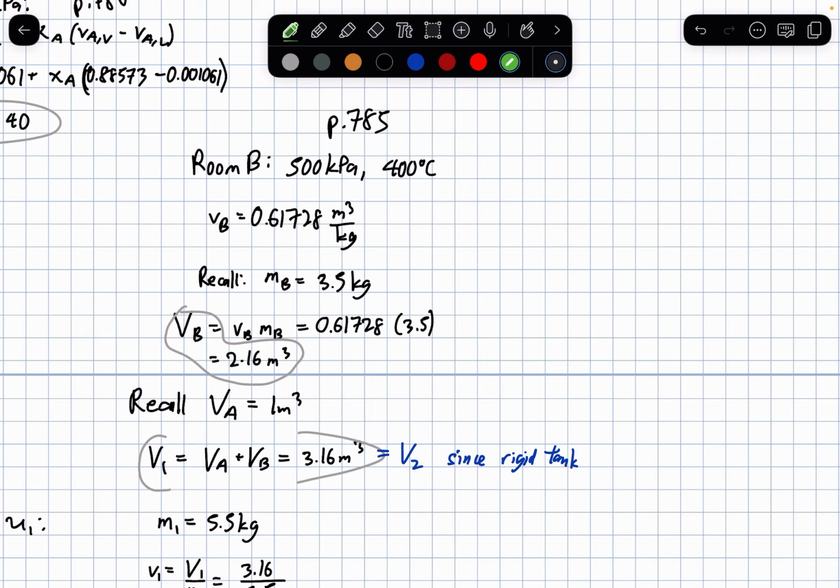At 500 kilopascals, what is the... Let's go to pressure entry.